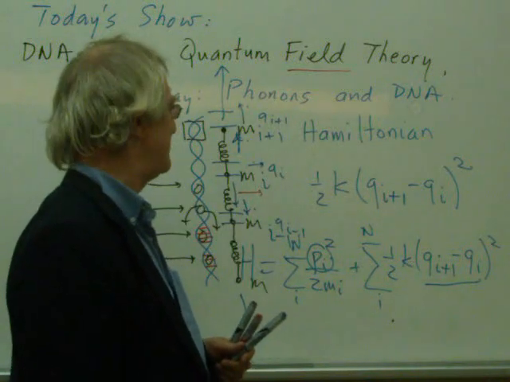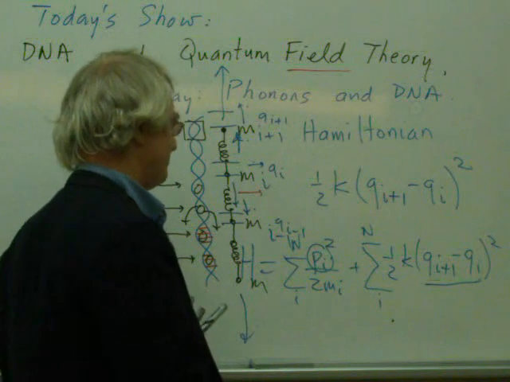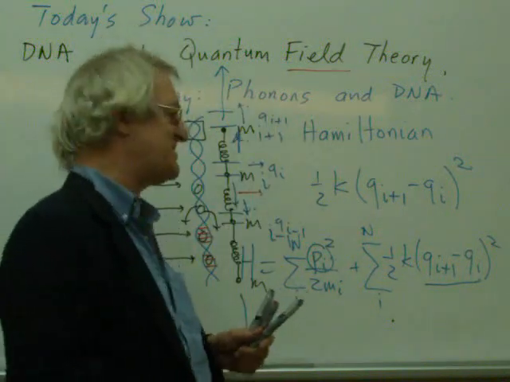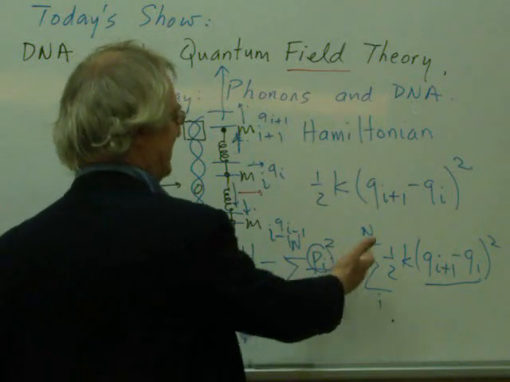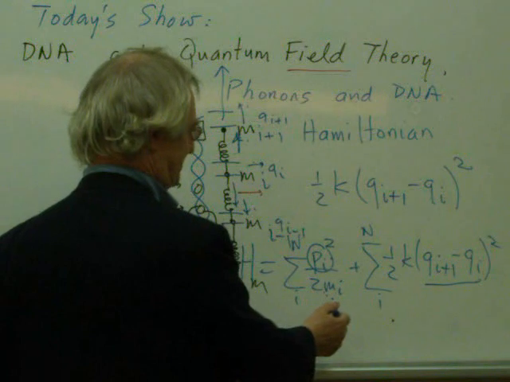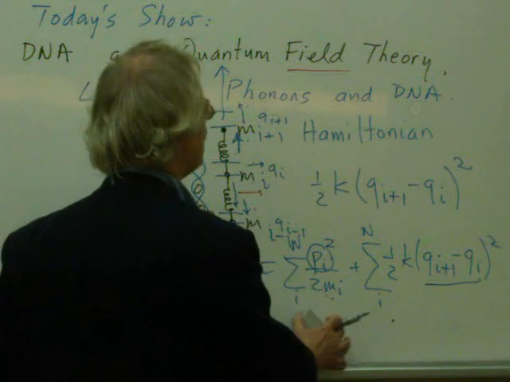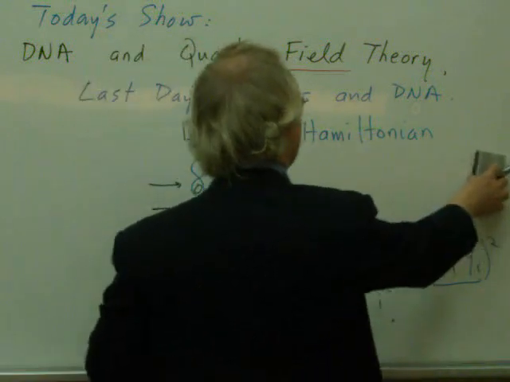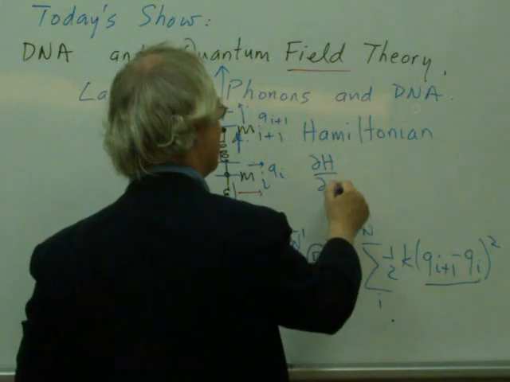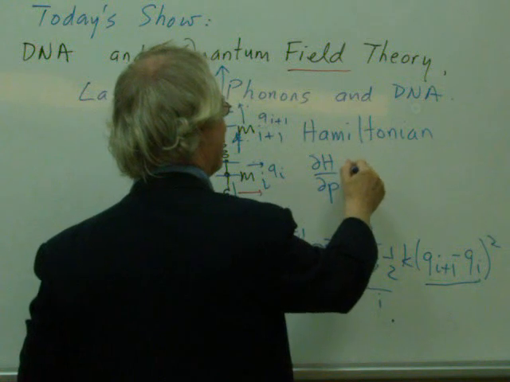Now you say, well, why do I have to develop a quantum field theory? Why don't I just leave it as it is? I mean, I can solve this equation by using Hamilton's equations. I've got to get this right, I hope.